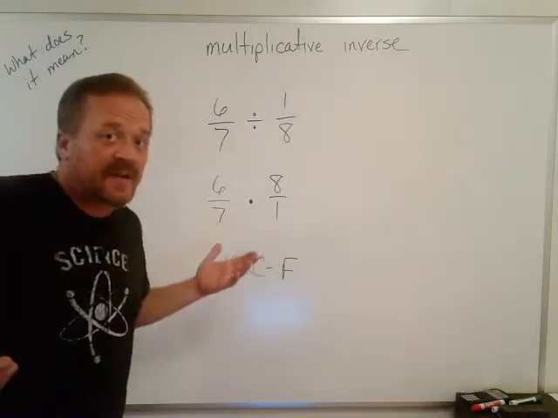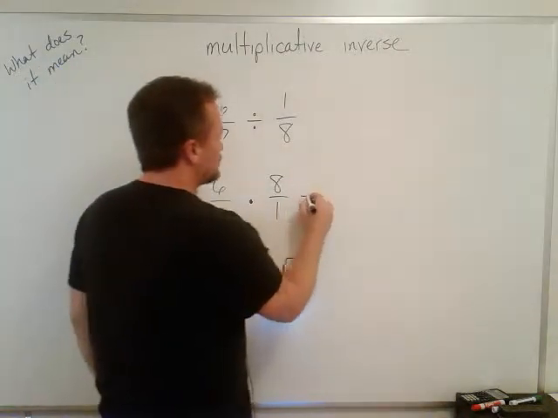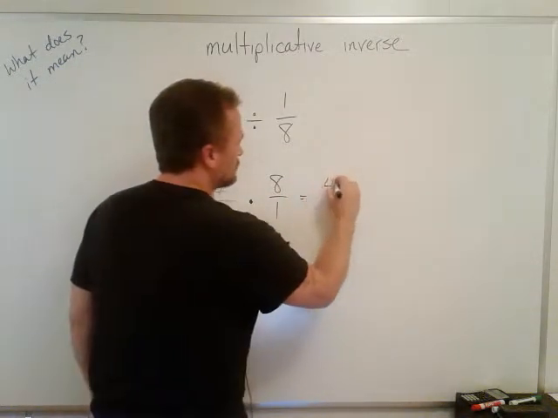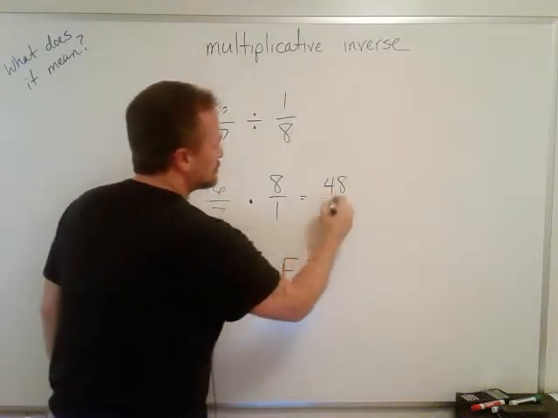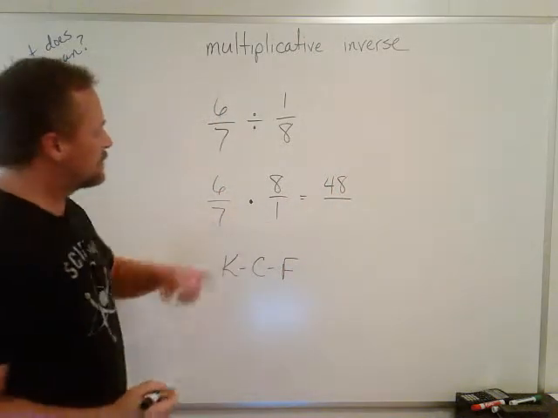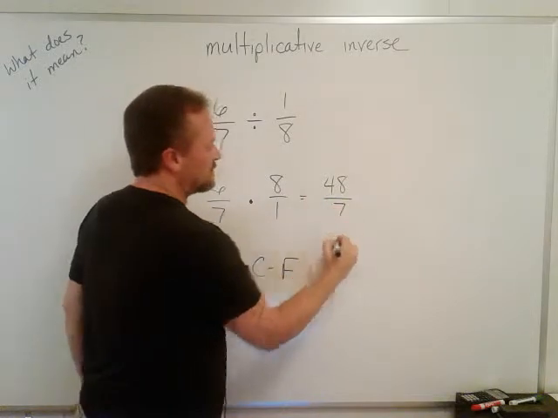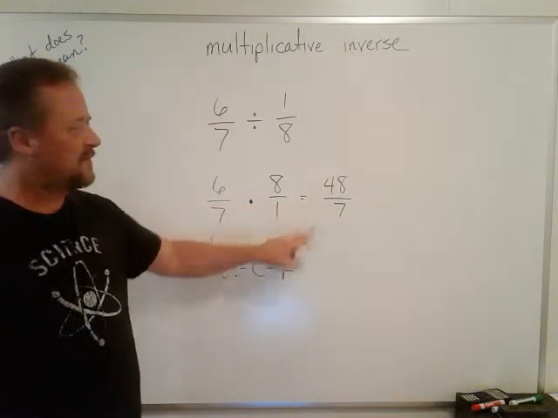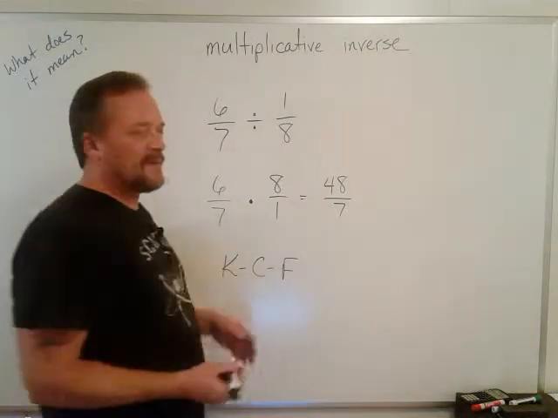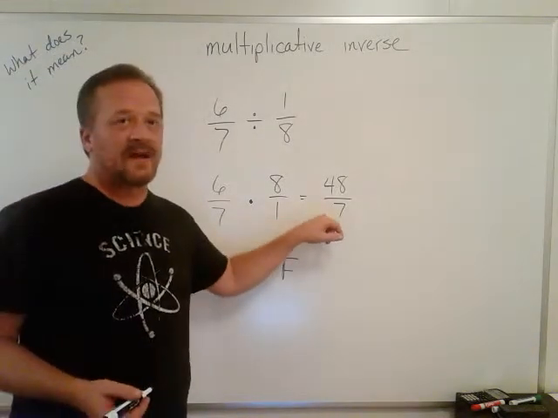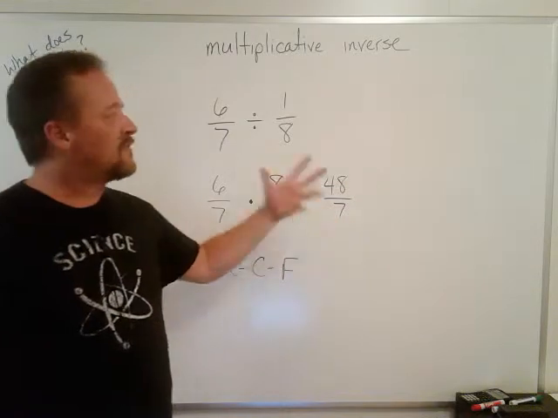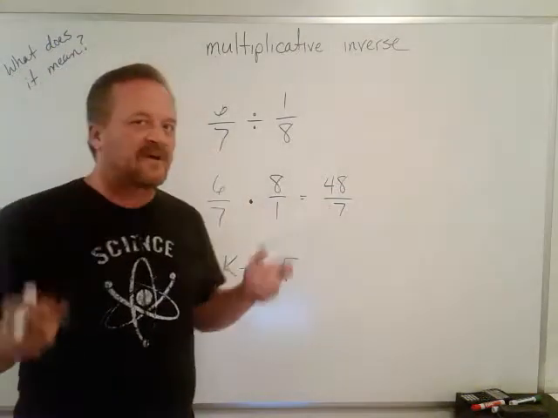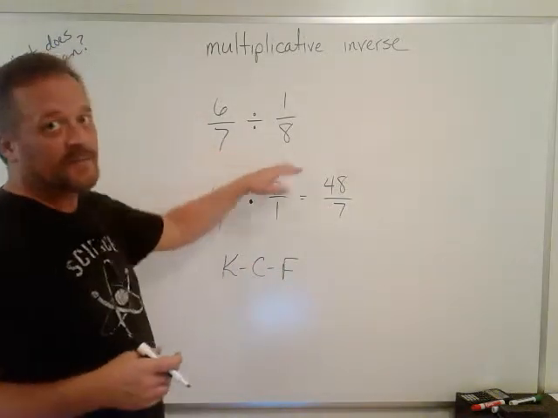And now it's just multiplication. 6 times 8, 48. 7 times 1, 7. This is not a nice, pretty division problem, but if you remember how to change an improper fraction into a mixed number, you could do that, and it might help you picture exactly what this answer means.